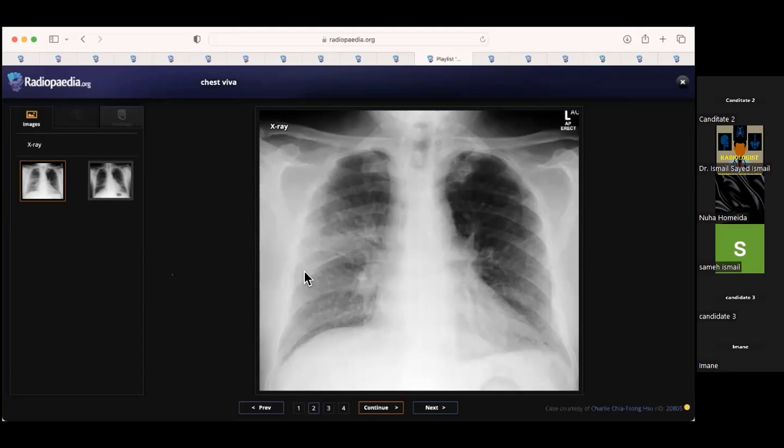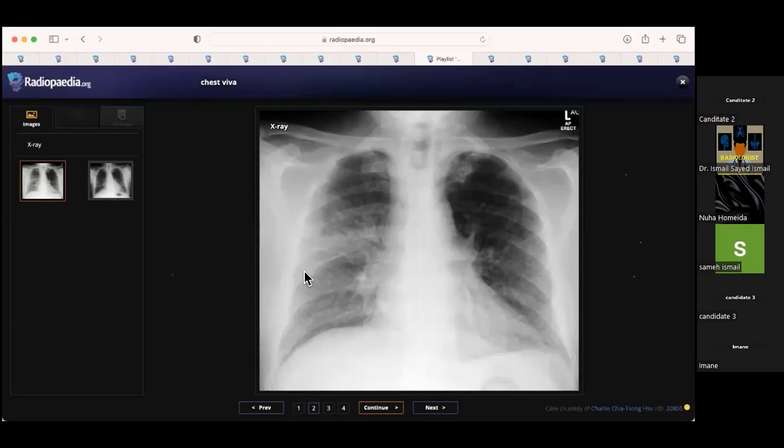Both hila are bulky. The heart volume is unremarkable. The bones are unremarkable. There is no evidence of pleural effusion and no evidence of pneumothorax.